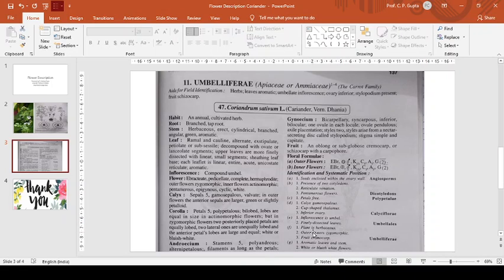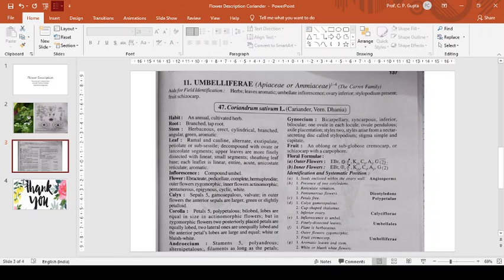Inflorescence is umbel. Finally, dissected leaves. So the order is Umbellales. Plant is herbaceous, outer flowers zygomorphic, fruit cremocarp, Umbelliferae or Apiaceae, aromatic leaves and stems, white or bluish flowers, Coriandrum sativum. So this description is about Coriandrum.